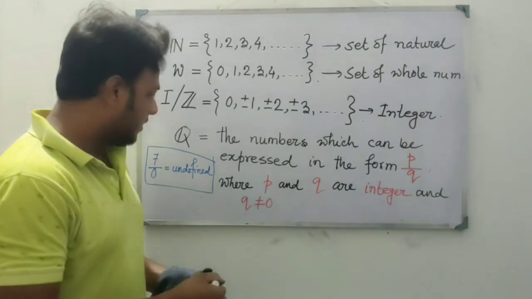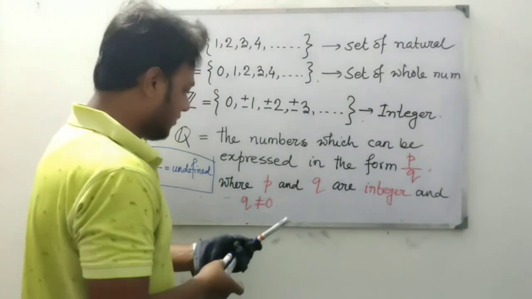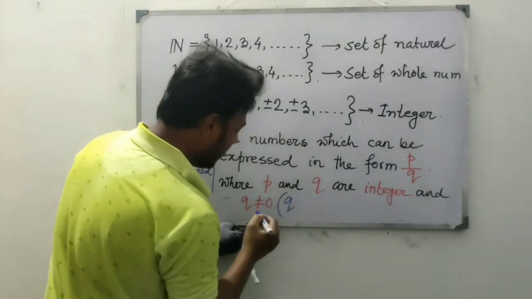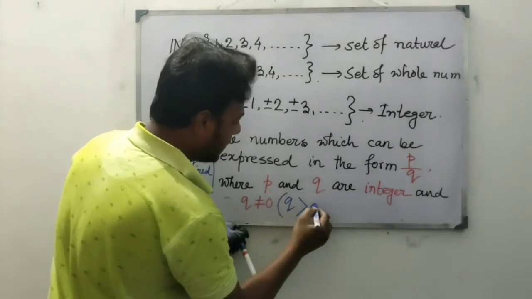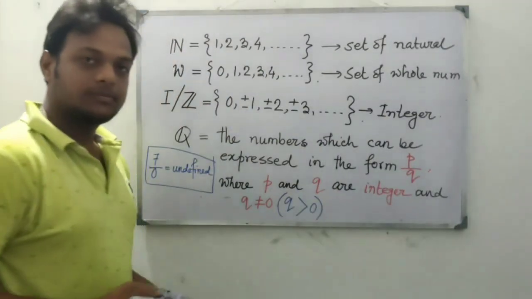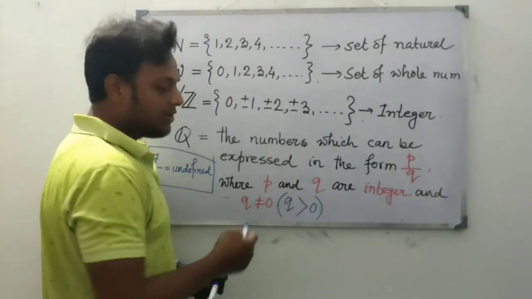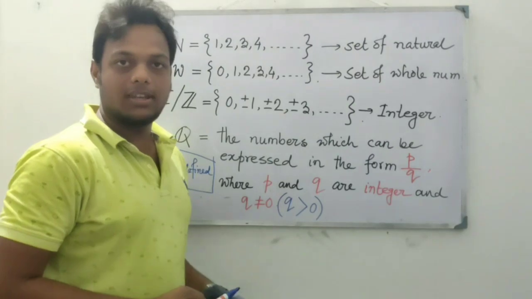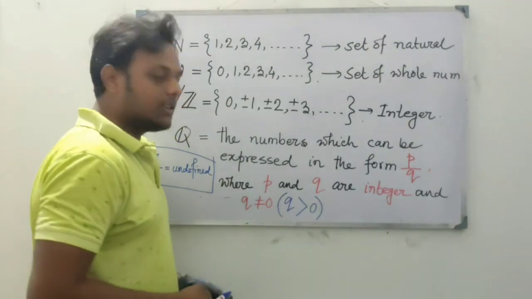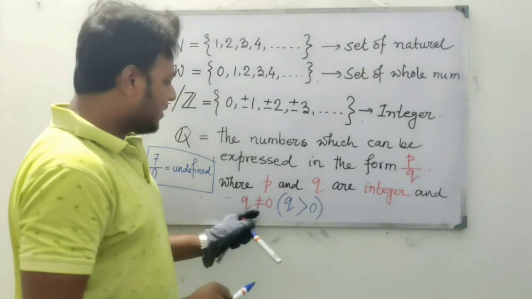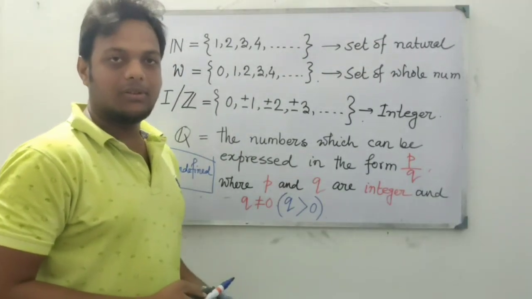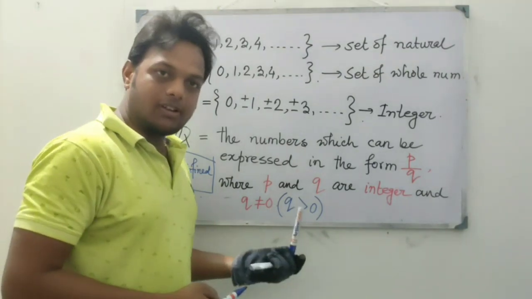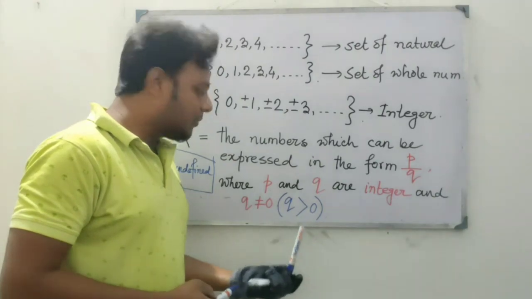Some reason is there why they are using Q greater than 0, to make this uniqueness. We can use either one. Since you are students of a lower class, you can use Q not equals to 0, but it will be better if you are habituated with Q greater than 0.